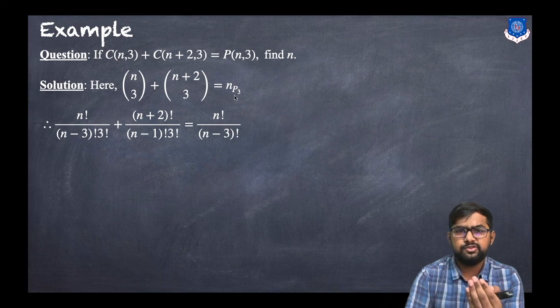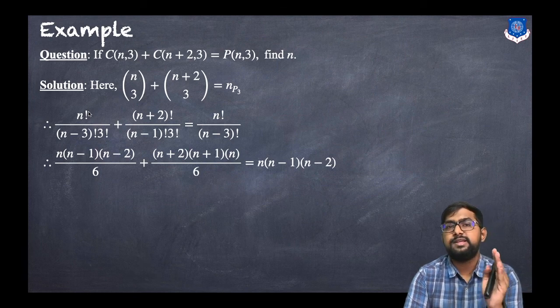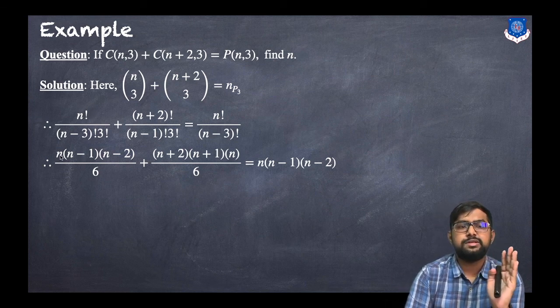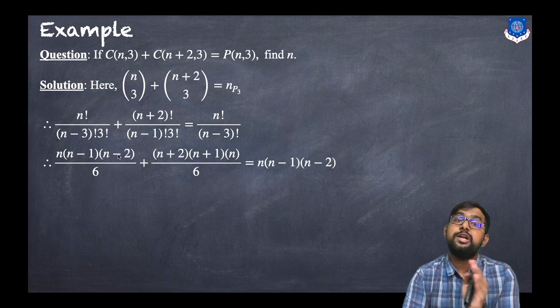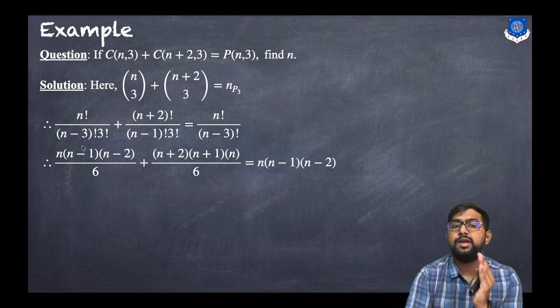That means n factorial upon (n minus 3) factorial. Now see, n factorial can be written as n, n minus 1, n minus 2 into (n minus 3) factorial, which will be cancelled by this (n minus 3) factorial. Now what is 3 factorial? That is 6.